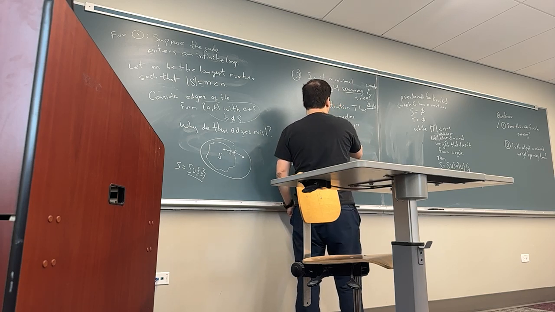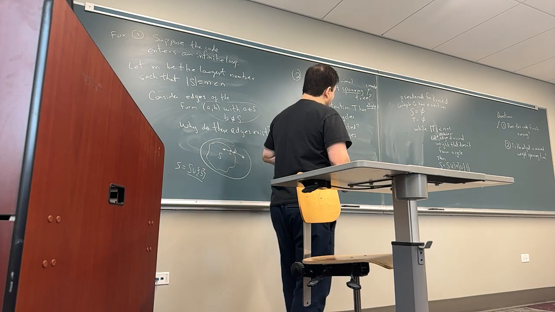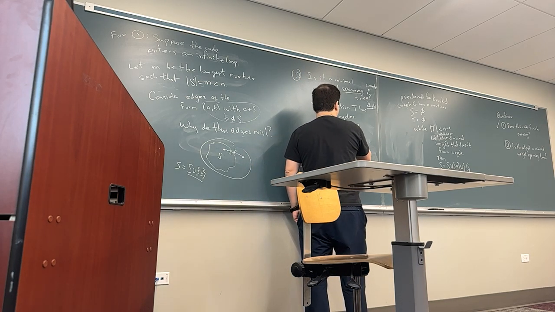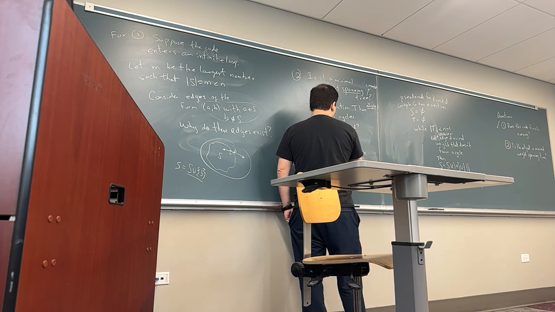And here we have n minus 1 edges and no cycles, which implies we reach n vertices, so everything is connected.